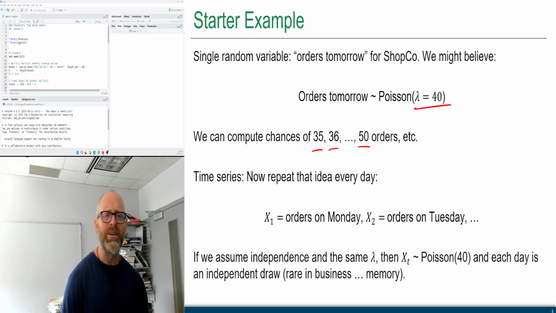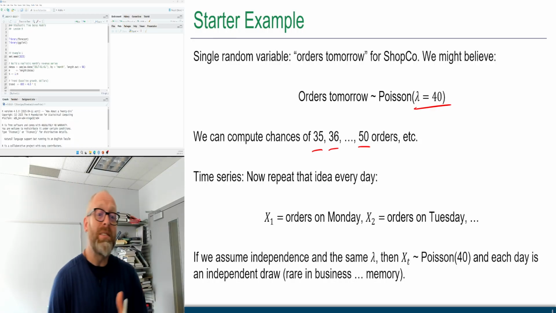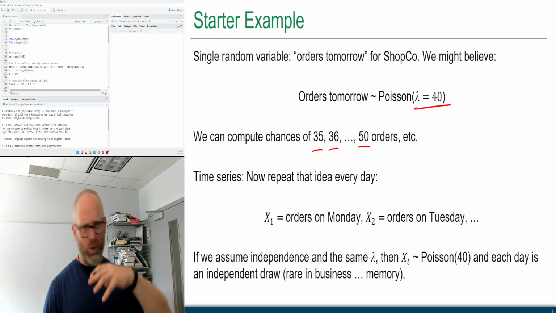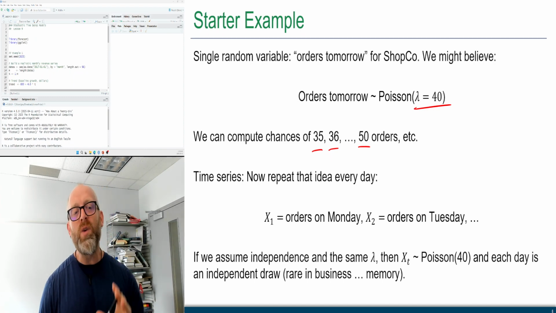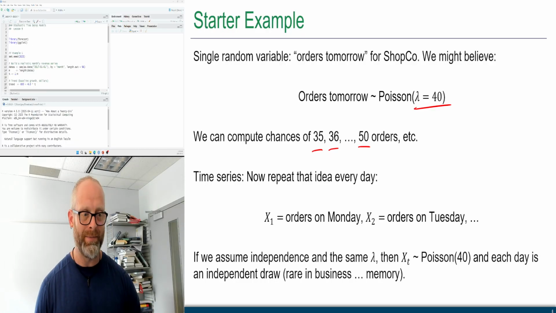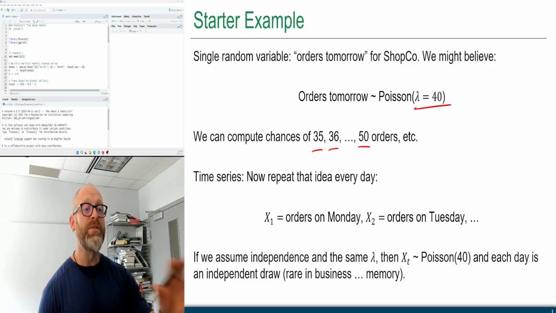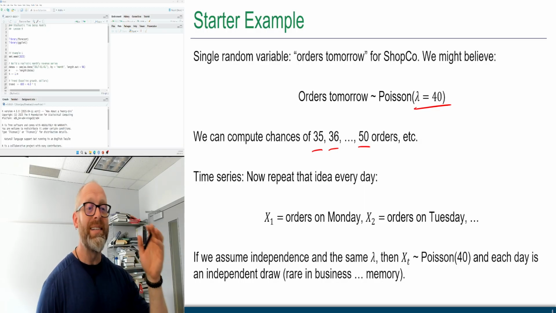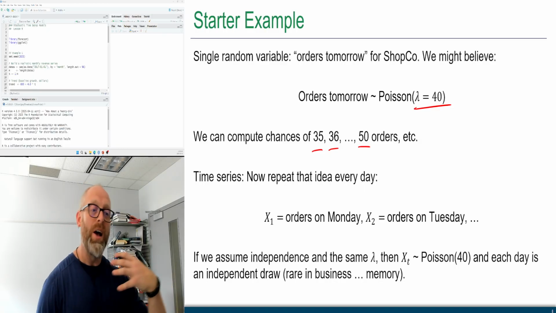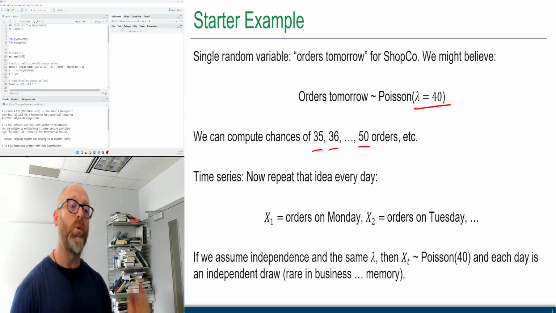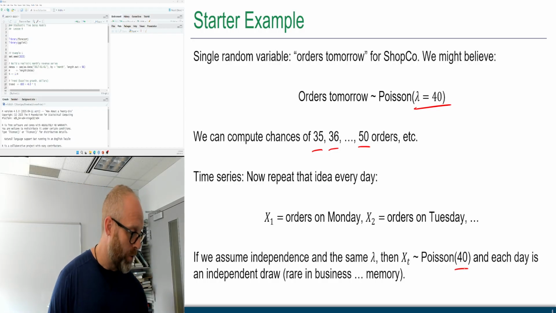Now, in terms of a time series, we repeat this general idea, except we're repeating it every single day. So X1 is the orders on Monday, X2 is the orders on Tuesday, X3 would be Wednesday, and so forth. Now, if we assume independence and the same lambda, and each one of those different days follows a Poisson distribution, again with the same average, then we can simply say that X sub t, the time series process, follows a Poisson distribution with lambda, or an average, of 40.